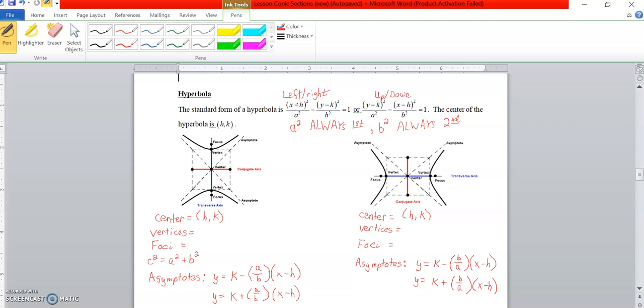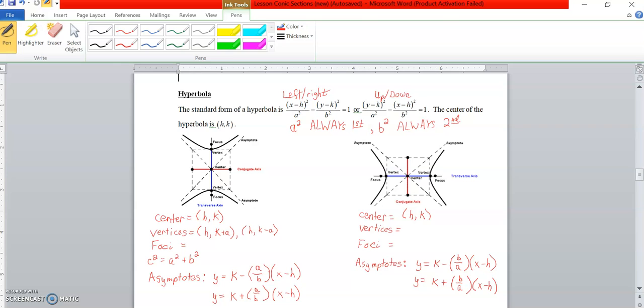With graphs like these on the left, where the hyperbola opens up and down, the vertices are as follows. Our h stays the same because we want to stay along the same line as our center point, but the k moves: h comma k plus a, and h comma k minus a.